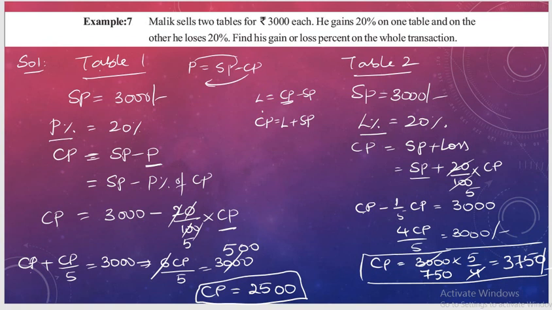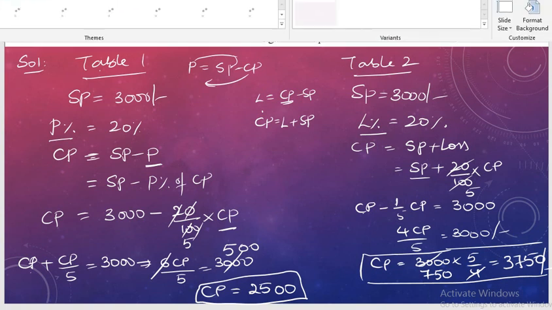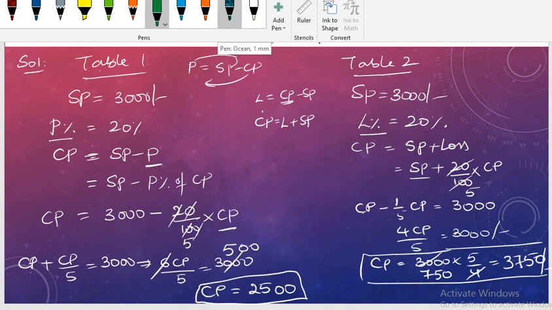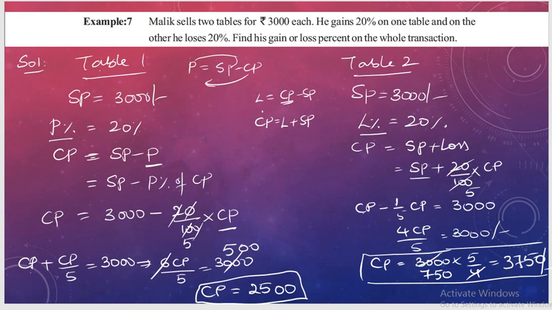Now what I am going to do is calculate the total selling price and total cost price. So total cost price is equal to 2500 plus 3750.